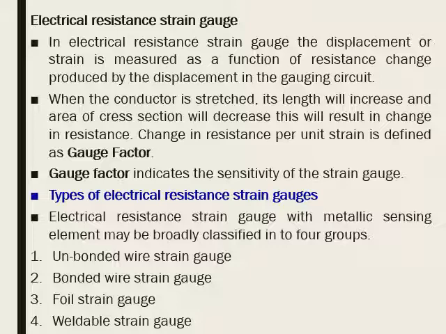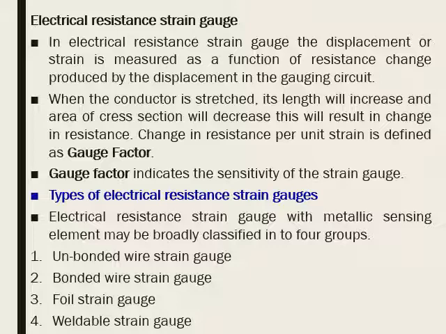For example, the resistance of a conductor R is given by R is equal to rho into L by A, where L is the length of the electrical conductor, A is the cross-sectional area of the conductor, and rho is the resistivity of the conductive material.